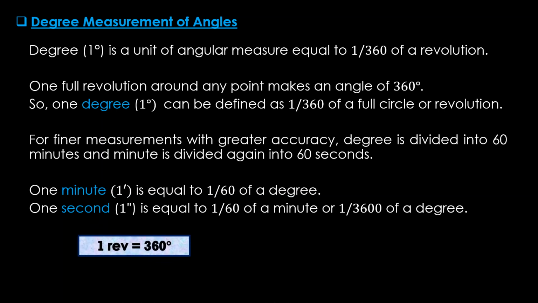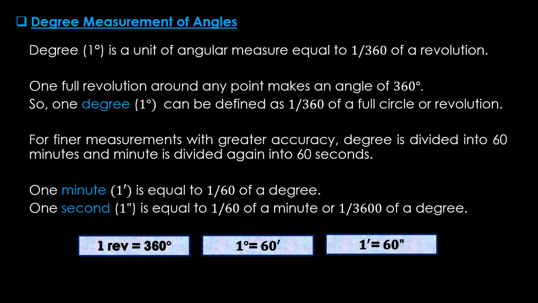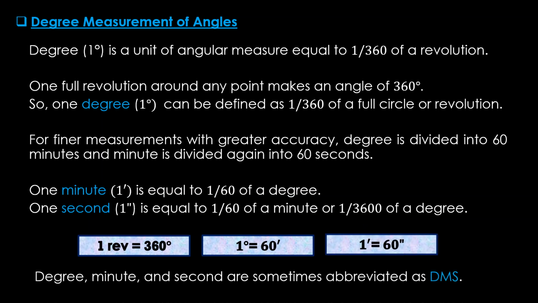So 1 revolution is equal to 360 degrees, 1 degree equals 60 minutes, and 1 minute equals 60 seconds. Degree, minute and second are sometimes abbreviated as DMS: D stands for degree, M for minute, and S for second.